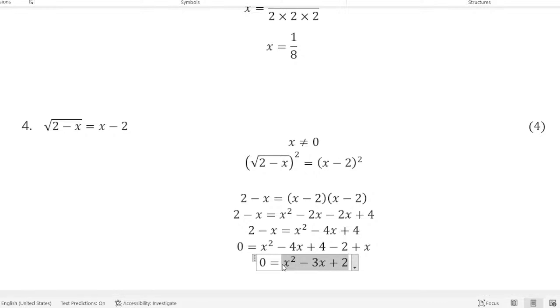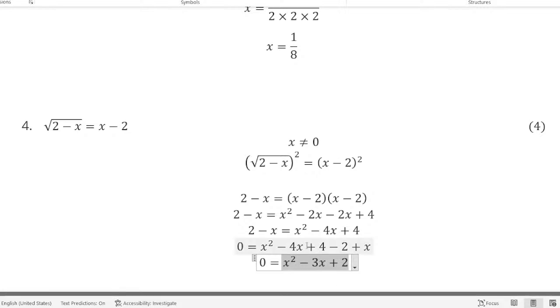So now let's write it in the proper order. Instead of saying 0 is equal to a quadratic equation, let's write it in the proper way.